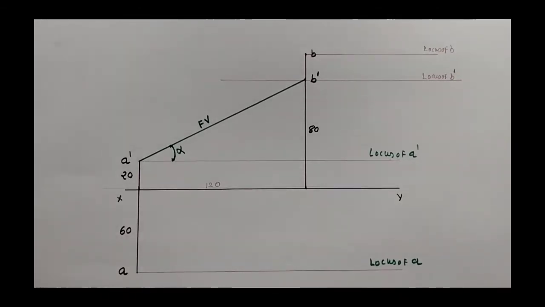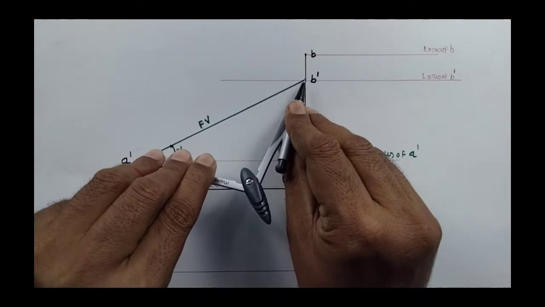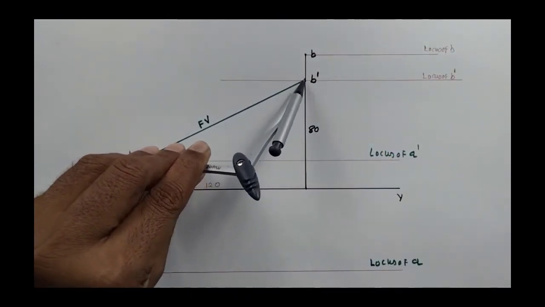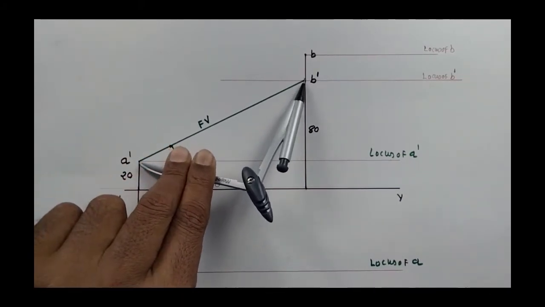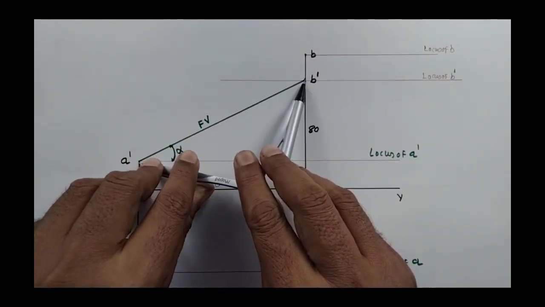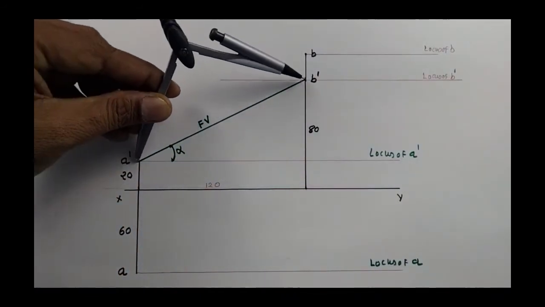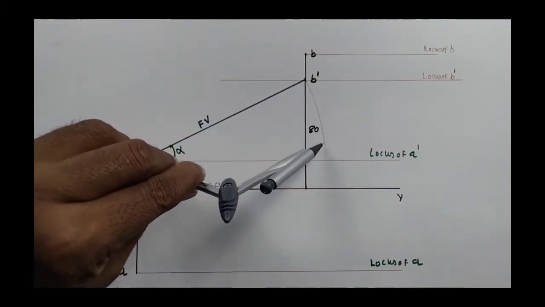Now we rotate our front view, A dash B dash, and make it parallel. So we take A dash B dash as the center and radius, and we rotate it to make it parallel.